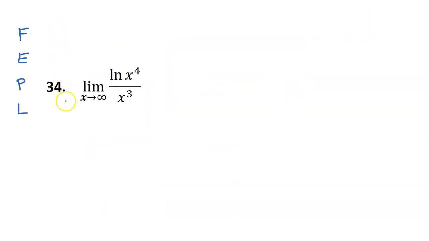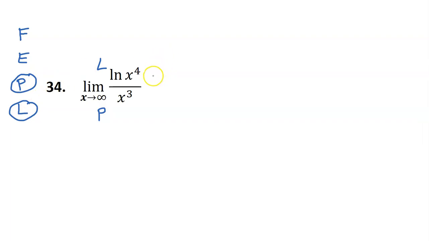Now you might have noticed that this is another problem that we could have solved using techniques that we learned back in Unit 1. We could have used FEPL. The numerator is logarithmic, while the denominator is polynomial. Logarithmic expressions grow much more slowly than polynomial expressions.